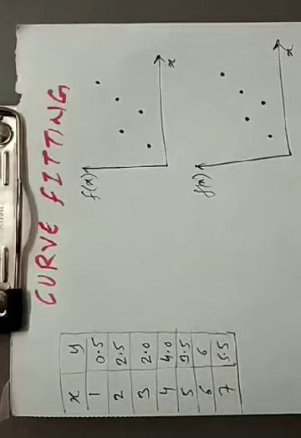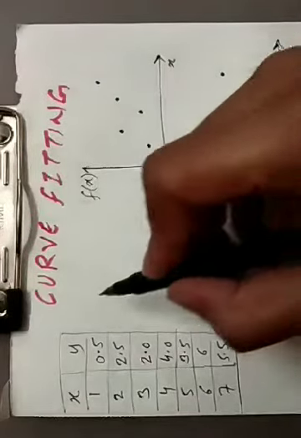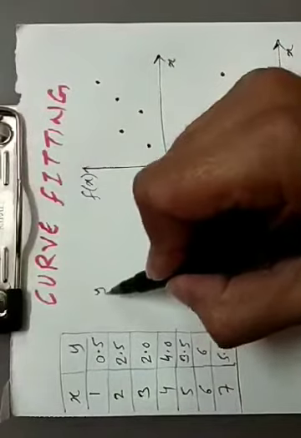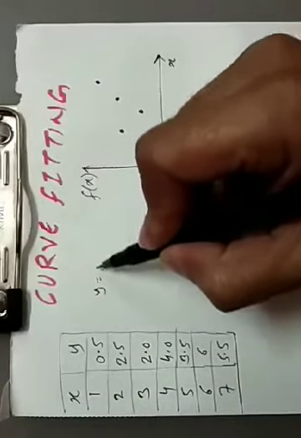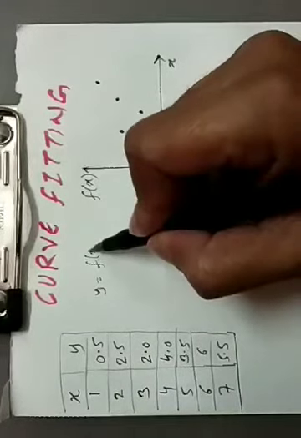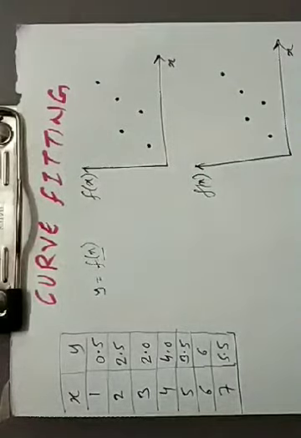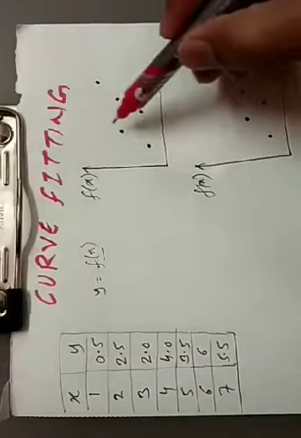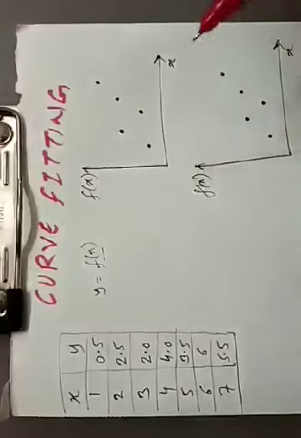We don't know. So for that we need one relation, y is equal to something, that is, it is a function of x. So there are a number of methods for finding out this relation. First method is, now we have a number of discrete points x and y.